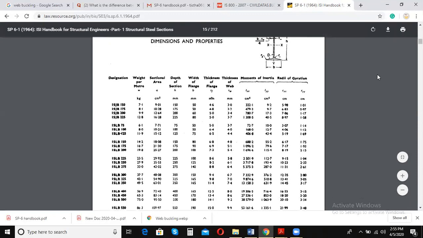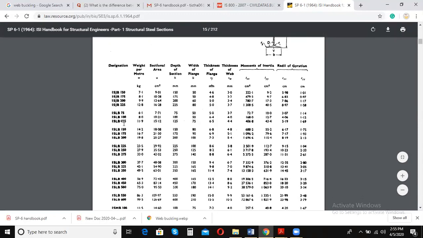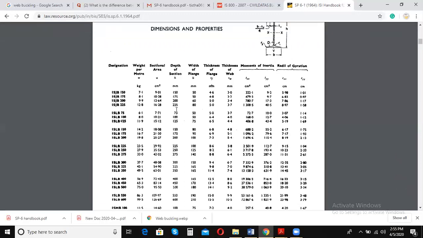So now you go to the columns. The first column will give you the designation of the steel section which you are choosing. Then you have the weight, then the sectional area, then you have the depth of the section as H. Now see, suppose we are considering ISJB 225. For this section, the depth of the section is 225.